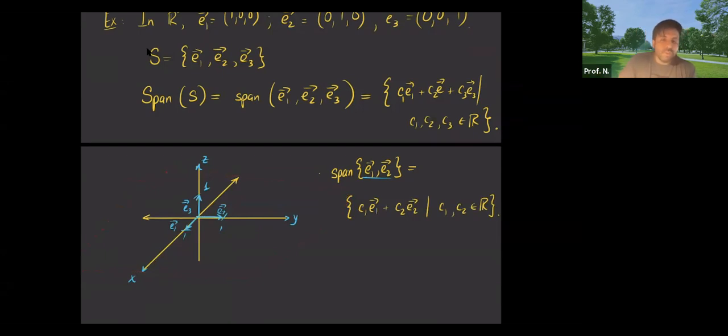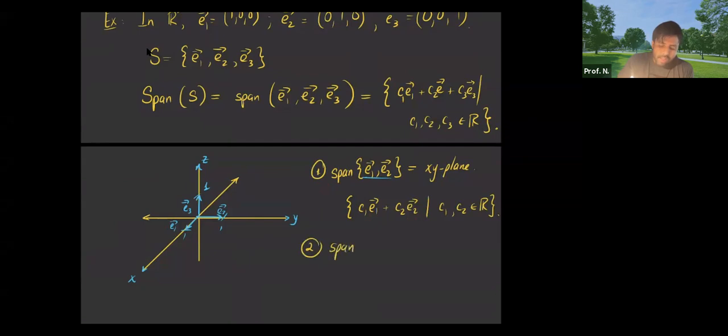The span of E1, E2 is the XY plane. I don't know if you guys see that. The XY plane in its entirety consists of all linear combinations of E1 and E2. Think about that. If that doesn't make sense, if it doesn't register, then think about it.